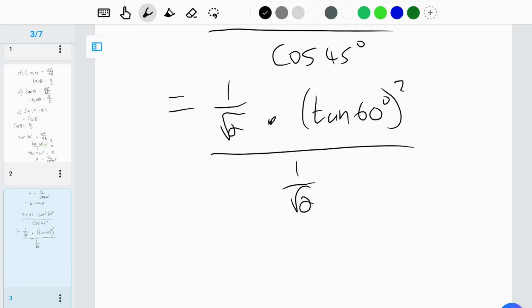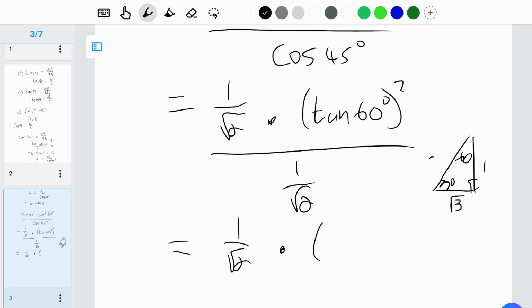Then we have tan of 60 degrees, so 1 over root 2 times tan of 60 degrees. Again, we can look at the special angle triangle 30, 60, 90, with sides root 3, 1, 2.